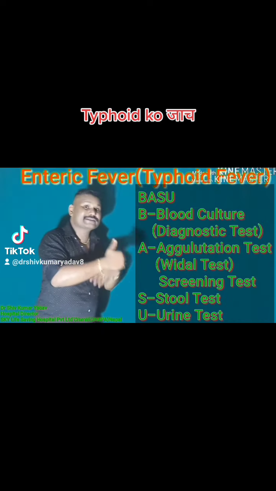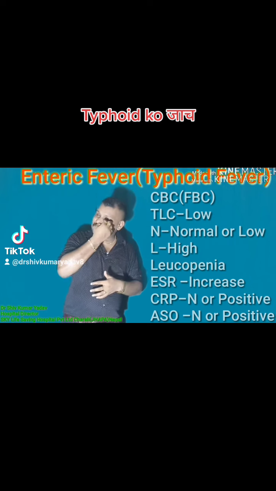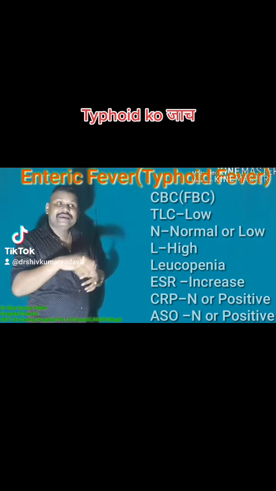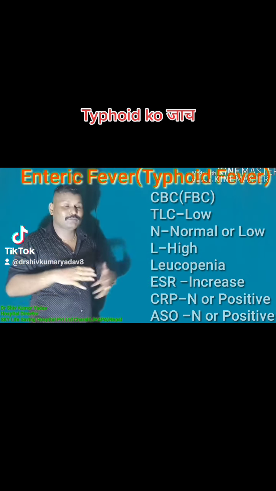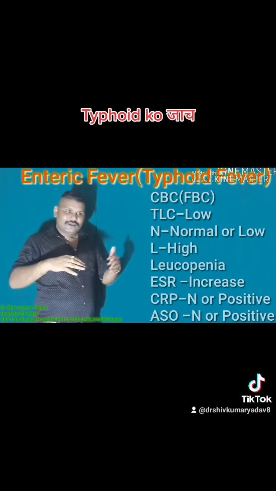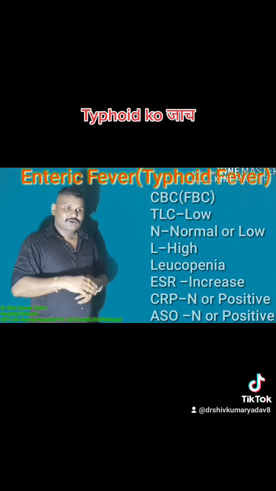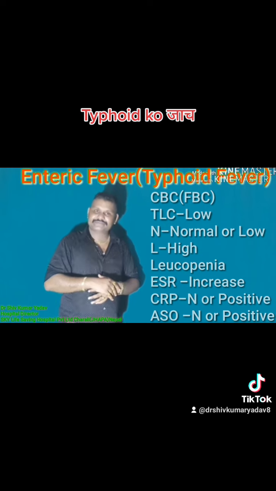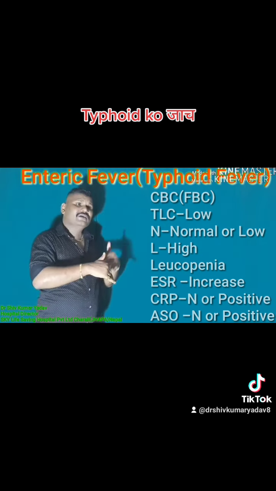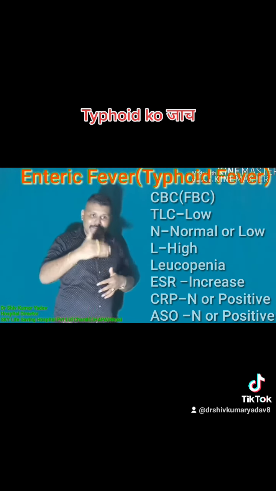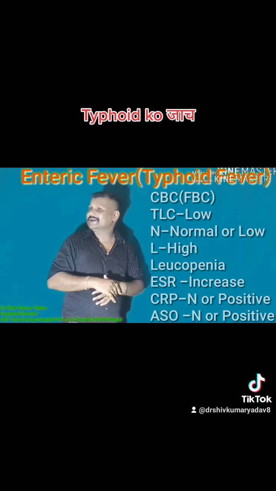We discuss what the supportive tests are. In the supportive tests, we can see the complete blood cell count or full blood count. In the complete blood count, we see TLC, total leukocyte count. It's decreased, and neutrophils might be normal or low, and lymphocytes, as a doctor we see it's high.